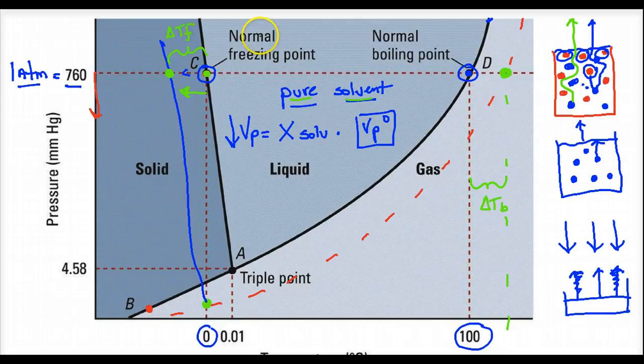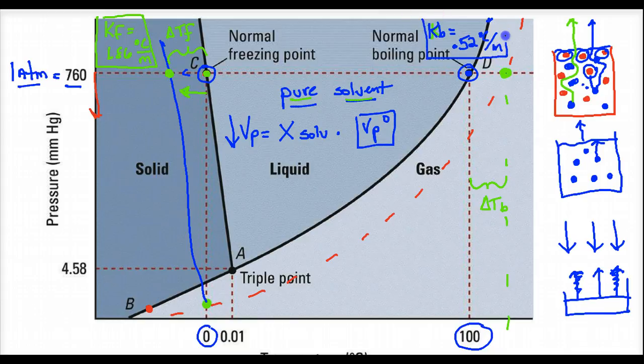Now, if this is a 1 molal solution, this change would be 1.86 degrees Celsius per m, and this would be equal to the K of F. K of F is called the molal freezing point constant, whereas over here in B we had the KB, the molal boiling point constant, and that was 0.52 degrees Celsius per molal.